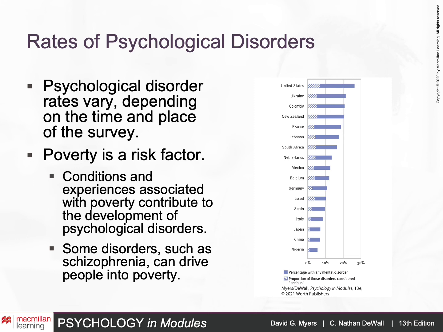And some disorders, such as schizophrenia, are so pervasive and so chronic that they drive people into poverty simply because they are unable to hold down a job and to establish economic stability.